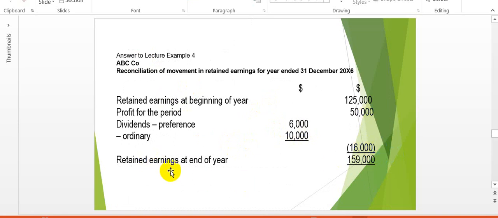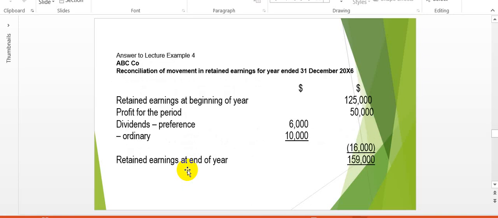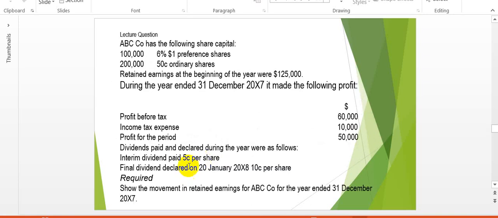So the retained earnings at the end of the year are now 159,000. The one declared will only appear in the financial statements of 20X8 once it is paid in 20X8.